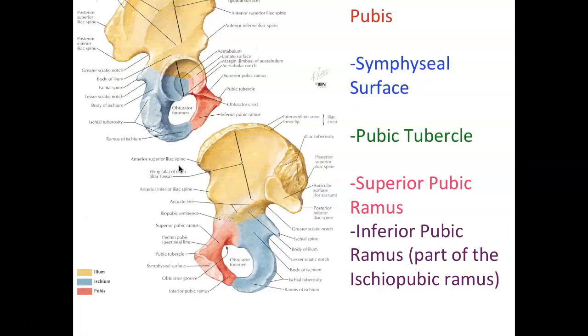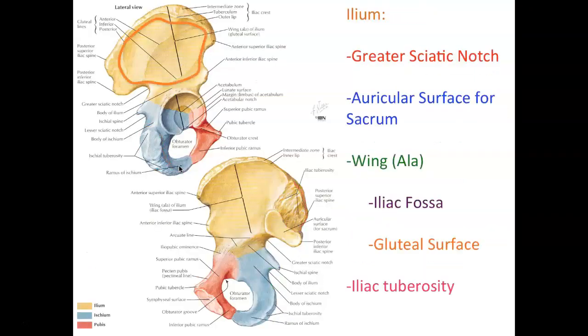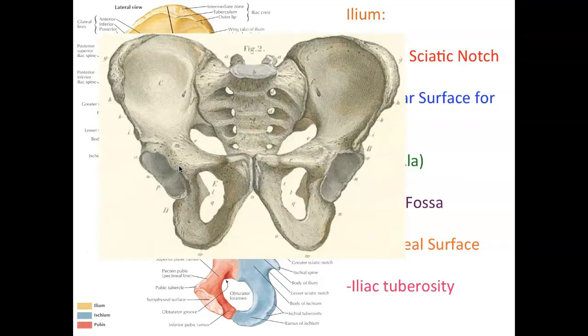Okay, so let's move into the pubis. If we look at this medial view, we are going to see the symphyseal surface. This is the portion that is going to come together with the other os coxa. Right in here would be where your symphyseal surface is, and it comes together with the symphyseal surface of the other os coxa and creates the interpubic joint.